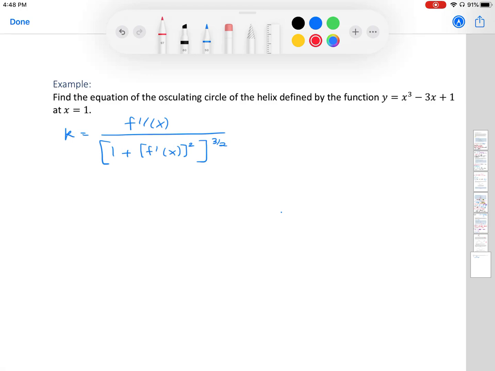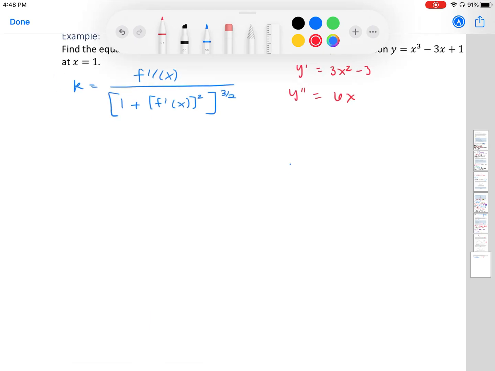Luckily, it's not so bad. y prime is 3x squared minus 3. y double prime is 6x. Let's plug that into our formula so that we have 6x over 1 plus 3x squared minus 3, squared, raised to the 3 over 2.